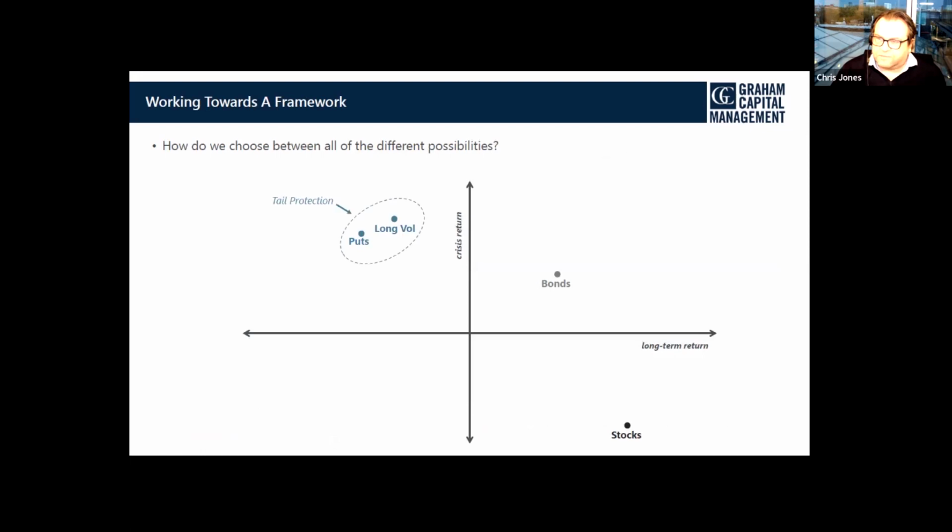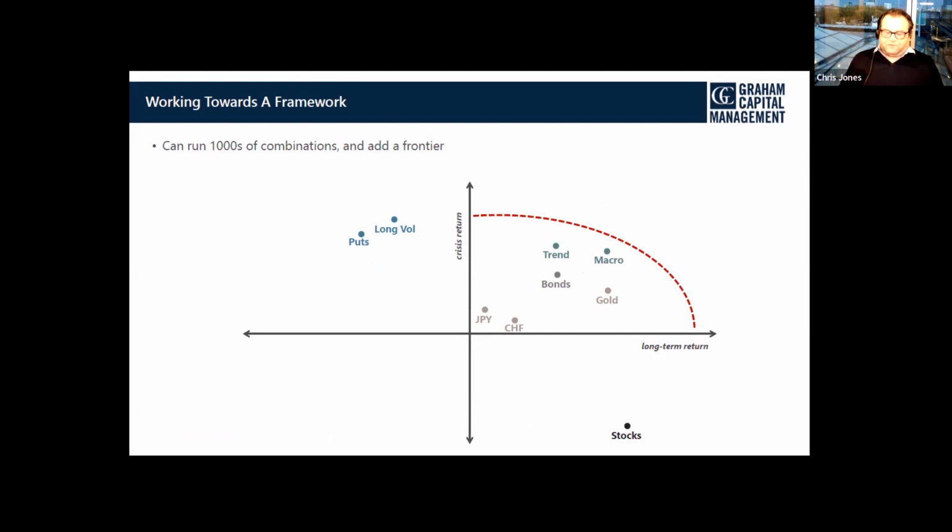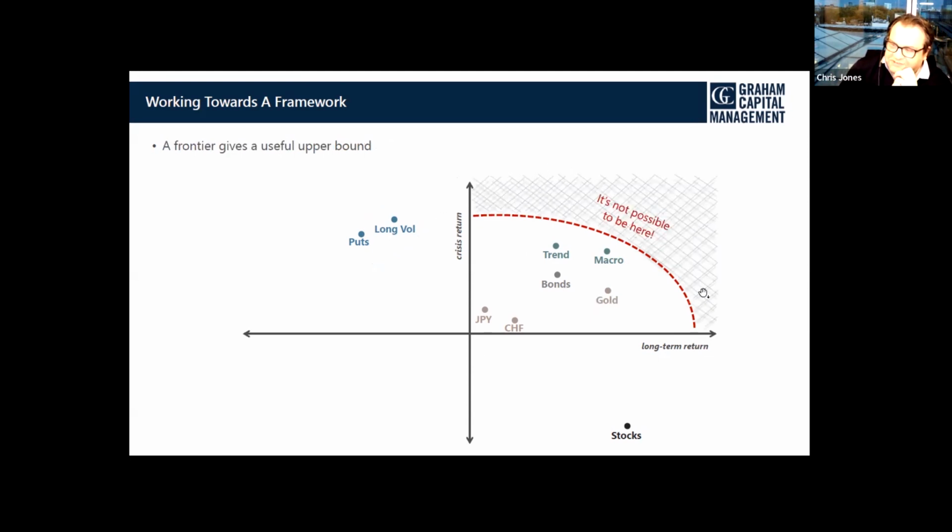Well, you've got all these different combinations: tail protection, safe havens, convex strategies. And just by the nature of portfolio construction and diversification, modern portfolio theory tells us that you should be able to build something with combos of these that is better than any one of them individually within certain bounds, and those bounds are the efficient frontier, essentially. You cannot, with these assets, ever be beyond this efficient frontier, but you can be on it by actively combining different strategies and assets.